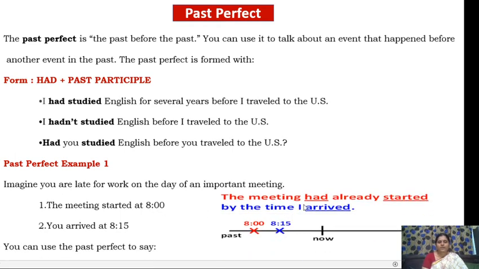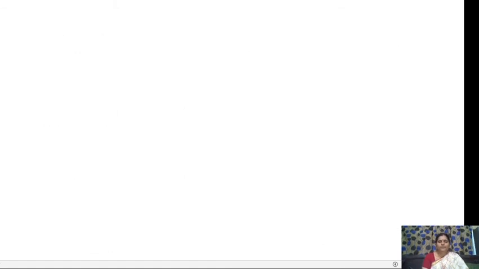The meeting had already started by the time I arrived. The meeting had already started means it started at 8. By the time I arrived, you arrived at 8:15. So by the time you arrived, the meeting had already started. To express such kinds of things, we use this past perfect tense.